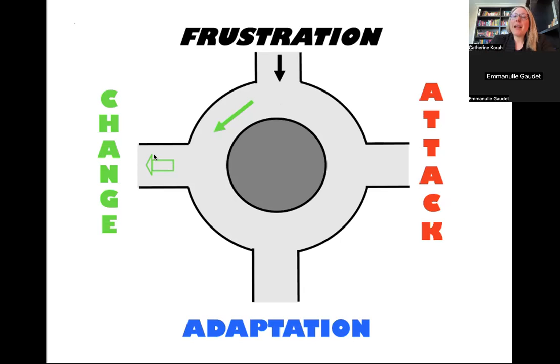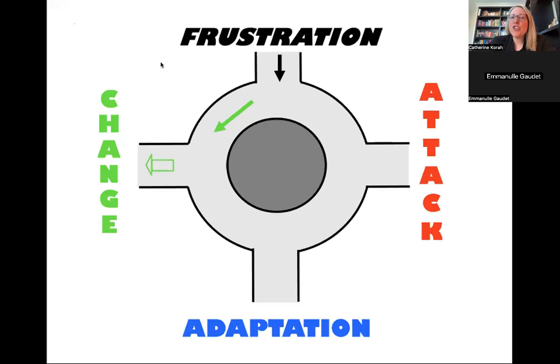And again, each child is different. Some will go very quickly to attack. I forgot to mention this with the high school crowd, but some will go very quickly from frustration to attack. Others will actually try first to effect change. Think about yourself as a parent, or even with your students, when you've got a child who is whining and not having it and trying to convince you and change your mind, going back and forth.